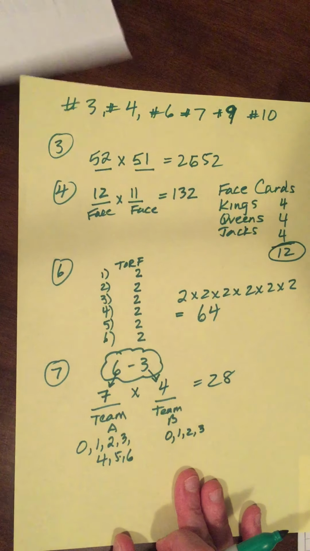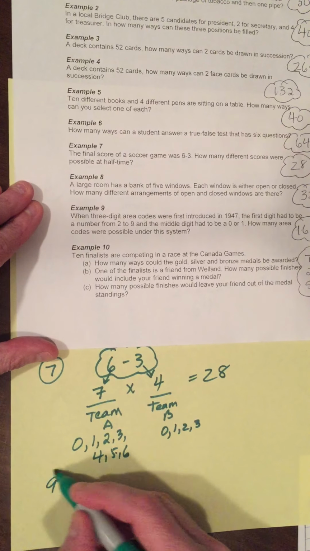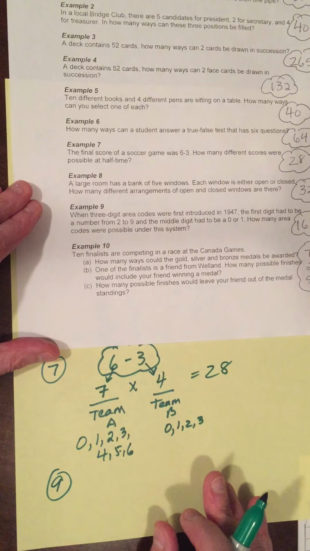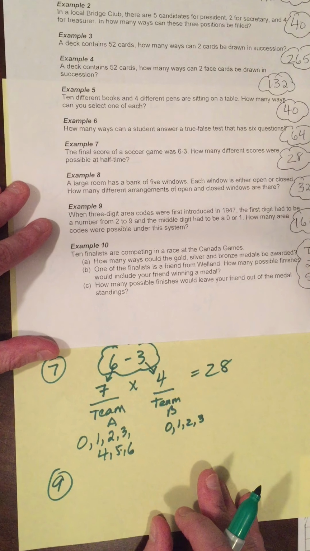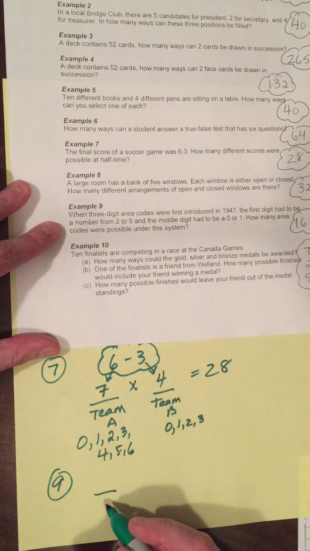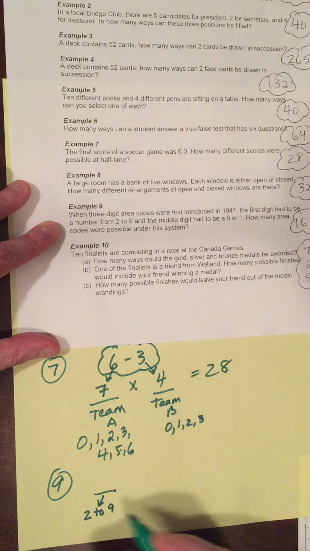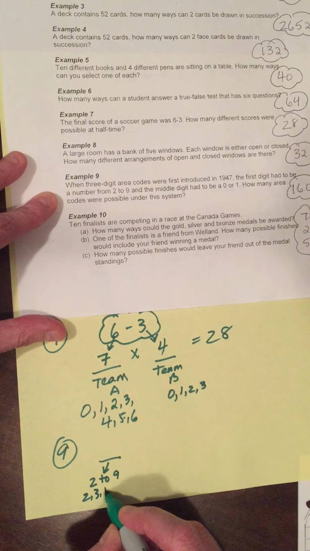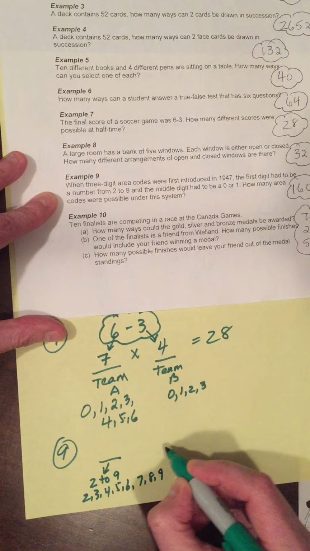Question 9. When a 3-digit area code was first introduced in 1947, the first digit of the area code could have been anywhere between 2 and 9. So 2, 3, 4, 5, 6, 7, 8, 9.